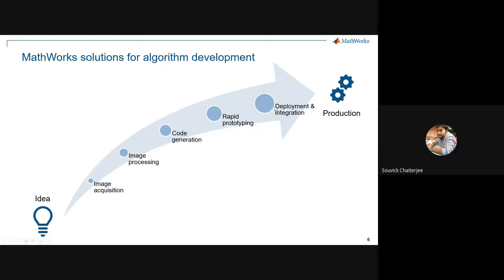And then these are more of what the industries use, because when it is deployed on a hardware, then how can we scale that up, right? That has to be done in a faster way, and that's where rapid prototyping and deployment comes into the picture, so that it can be used for production.